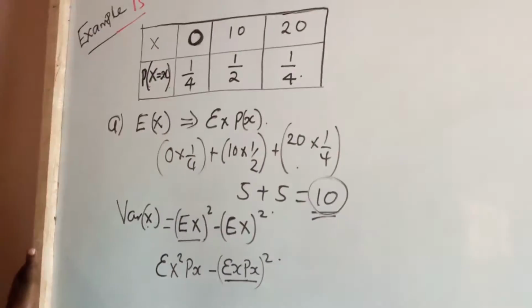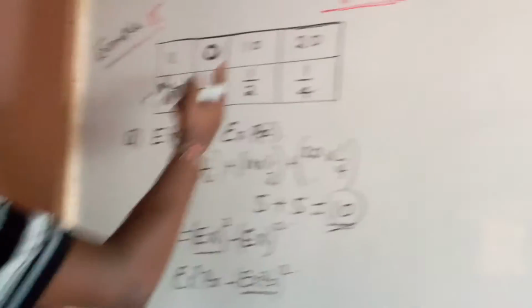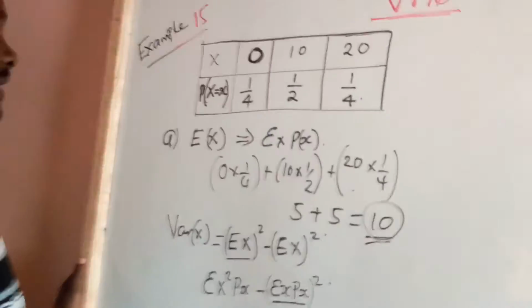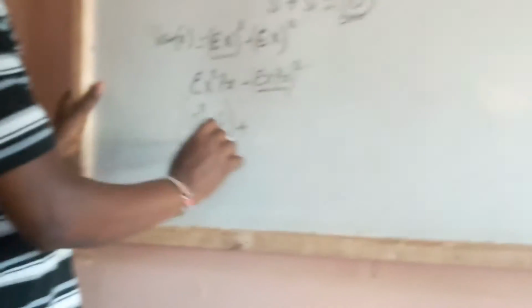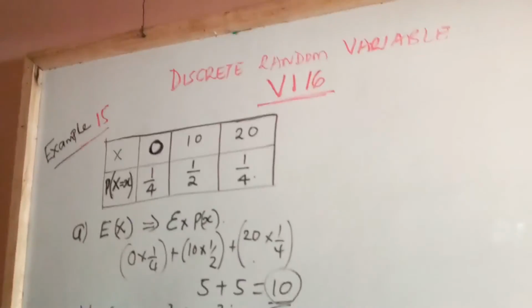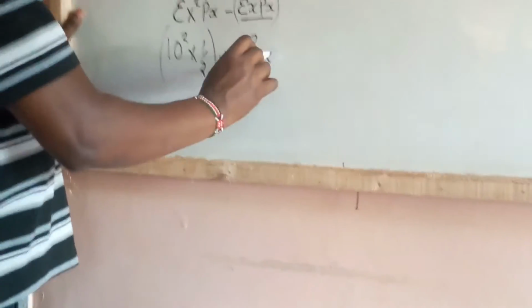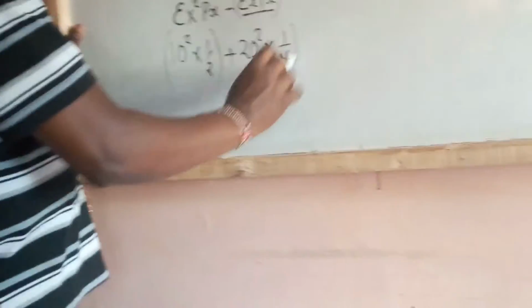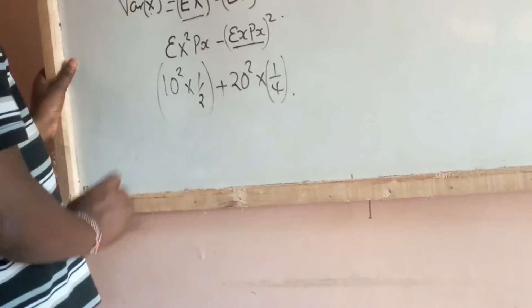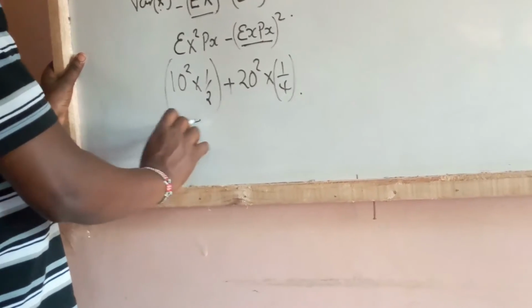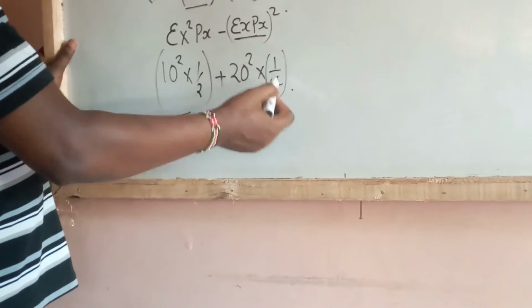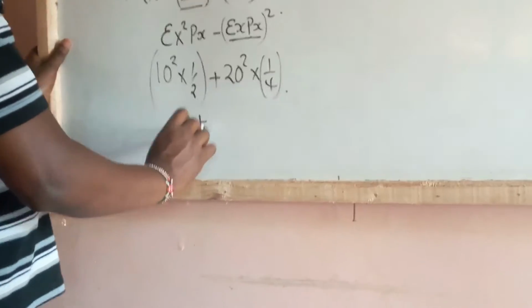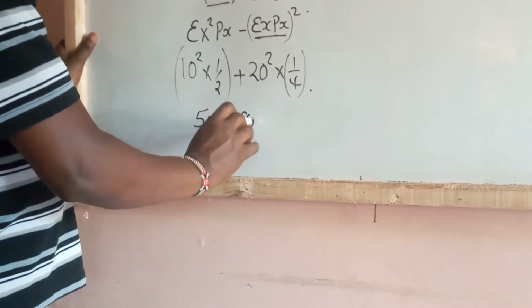So 0 squared times a quarter is 0. 10 squared times a half, which is 100 times a half, is 50, plus 20 squared times a quarter, which is 400 times a quarter, is 100.